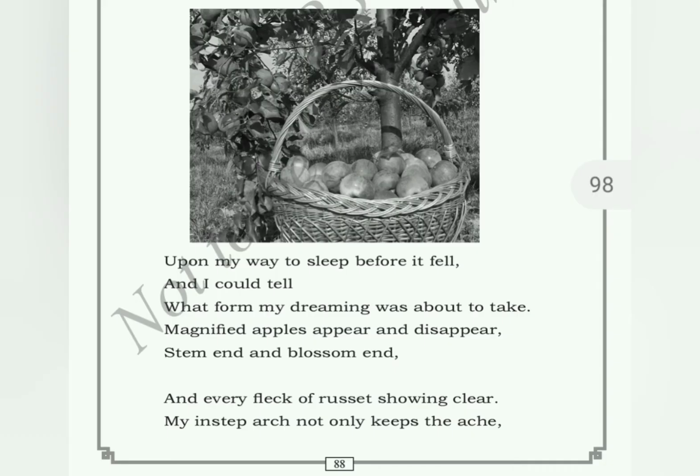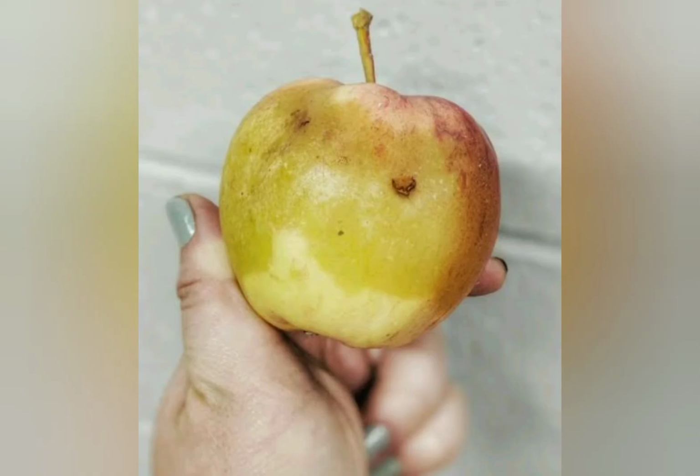Next two lines. "And every fleck of russet showing clear, my instep arc not only keeps the ache." Two difficult words which we come across are fleck, that is a very small area of color, and russet, that means reddish brown. You can see a picture of an apple on the screen, children.